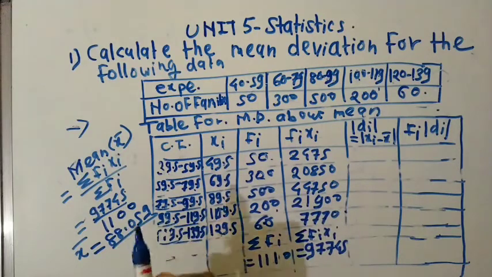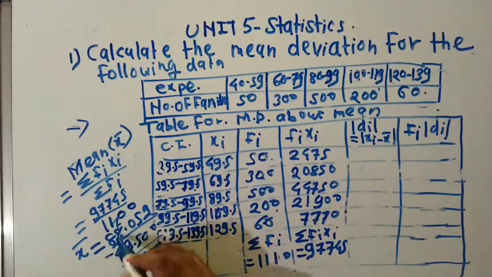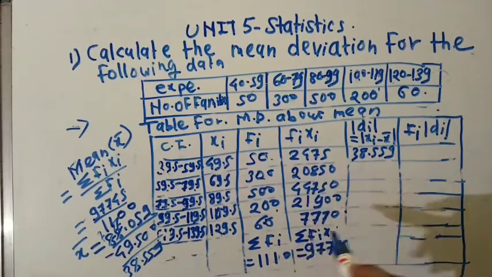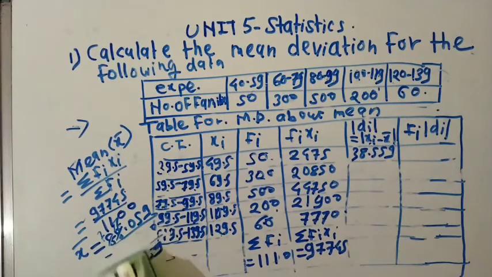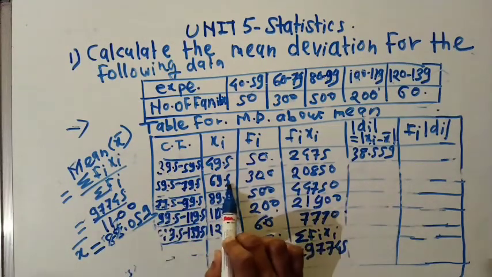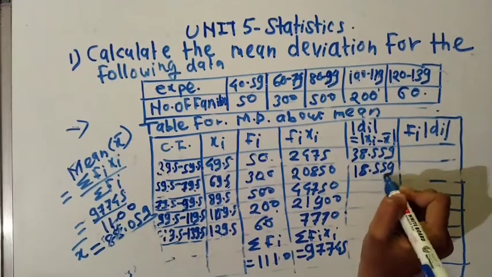Then xi minus x bar means 88.059 minus 49.5 is equal to 38.559, and xi minus x bar means 88.059 minus 69.5 is equal to 18.559.